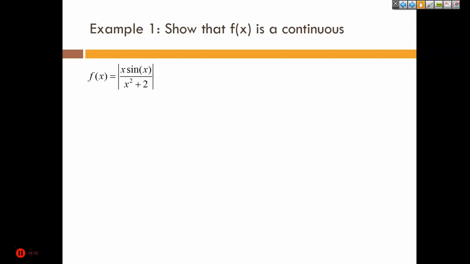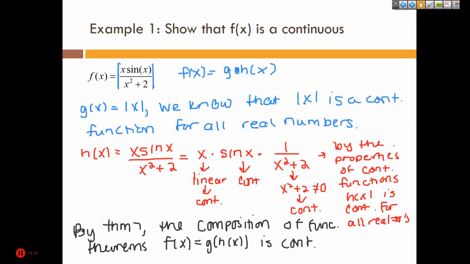Yes. The only reason a fractional function would not be continuous is if the denominator is equal to 0. But x squared plus 2 can never equal 0. If you tried to set that equal to 0, you get x squared equals -2.